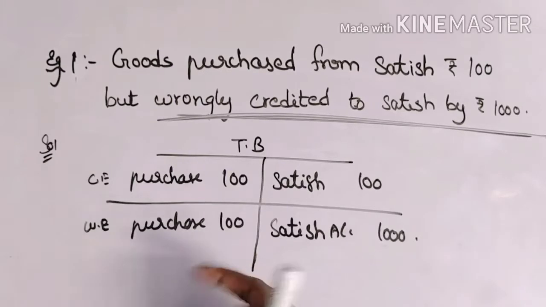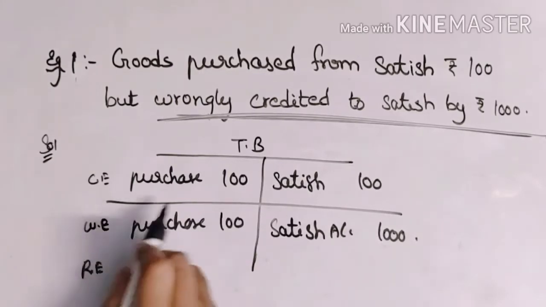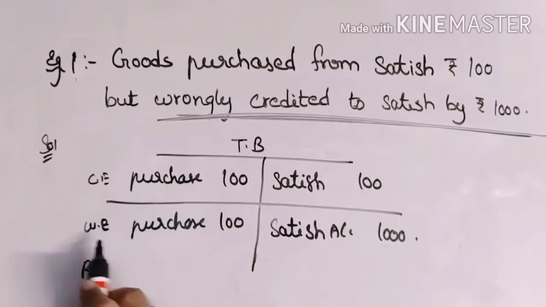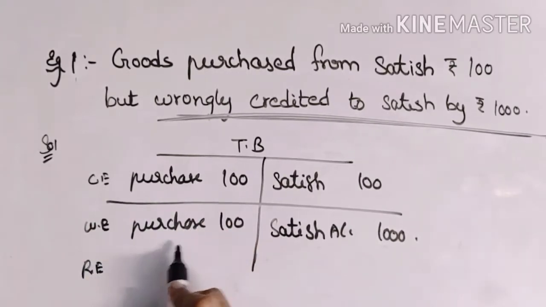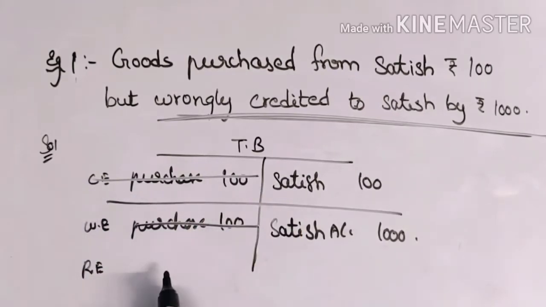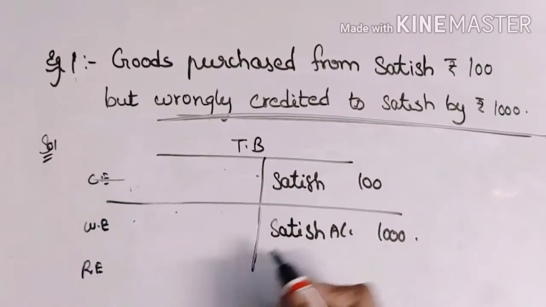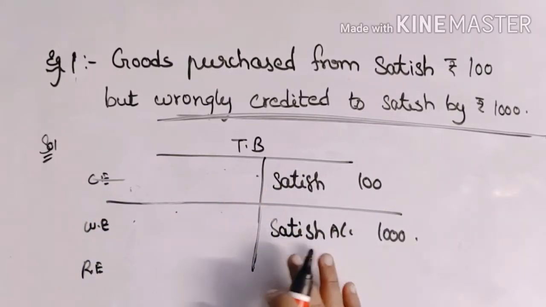Now how we will solve this: the rectification entry. In the purchase account the correct entry is ₹100 and in the wrong entry as well the purchase account is debited by ₹100. So there is no problem in this purchase account. You just leave this purchase account and the problem is only in this Satish account.